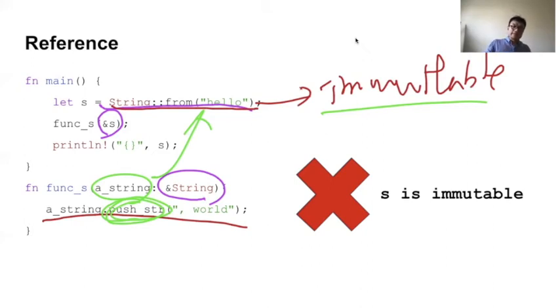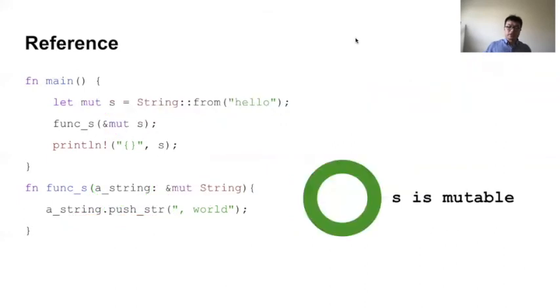So in this example, it's not about the reference, not about the address. It's about the data's permission, what status the data has. If it's immutable, you cannot change it. How to change it? You need to say it's mutable. Actually in Rust, there's an interesting way.